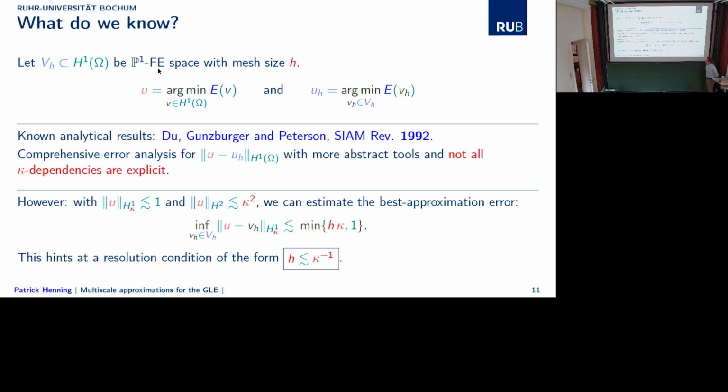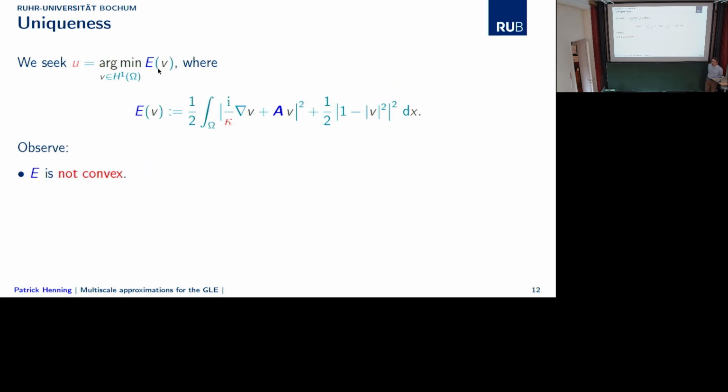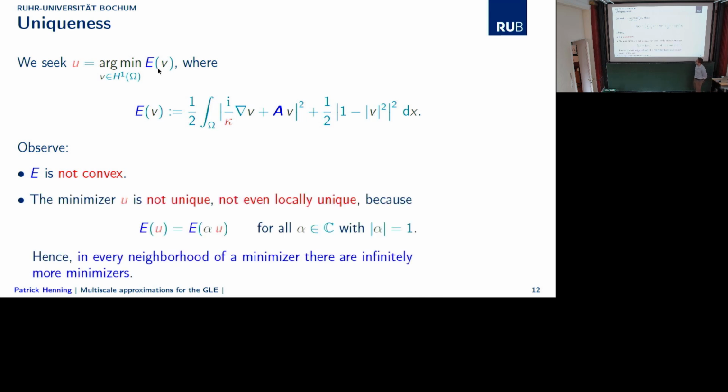Okay, so now if we look into this error, we first of all, of course, have to talk about uniqueness. And uniqueness is an issue. This is not a convex functional, so we cannot expect uniqueness. We can hope for local uniqueness, but also local uniqueness is not possible, and that's very easily seen.